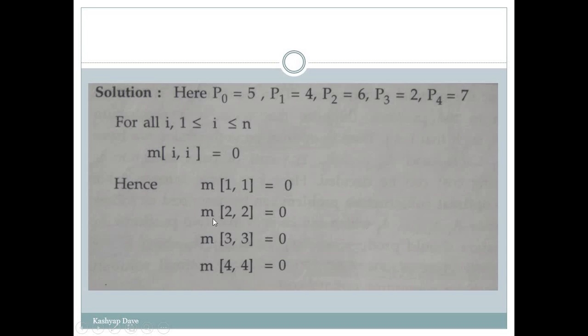If we have only A2, its cost will be 0. If we have only A3, its cost will be 0. If we have only A4, its cost will be 0. When we are multiplying only one matrix, its cost will be 0.